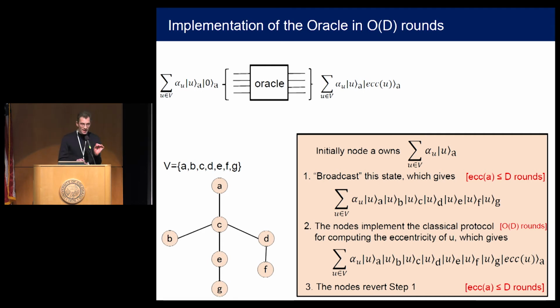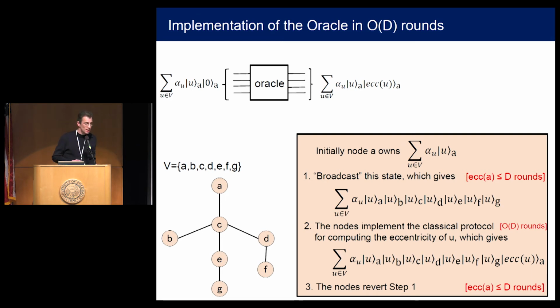So the only slightly subtle point is step 2. Okay, in step 2, we are using the contents, the value of U, to control what the nodes are doing. Okay, so all the nodes share the same U, so they are all executing the same global algorithm that computes the eccentricity of U. So what we are doing is executing a quantum superposition of executions of a classical algorithm.